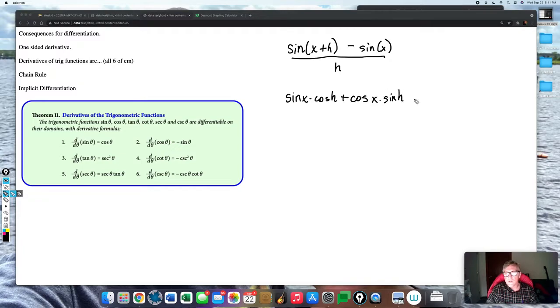They do this kind of thing in the book, and then you've got to do some more simplification, to factor and group things and all that kind of stuff. But eventually, if you take the limit of this as h approaches 0, you wind up getting just the cosine of x, which is kind of cool.